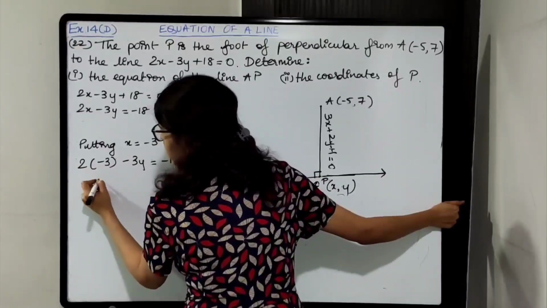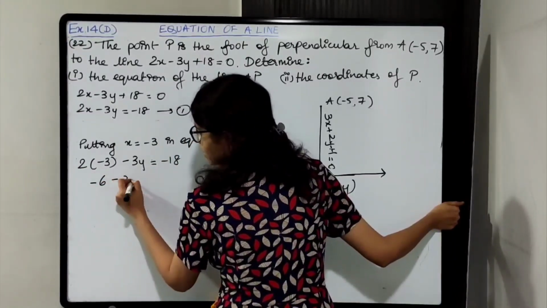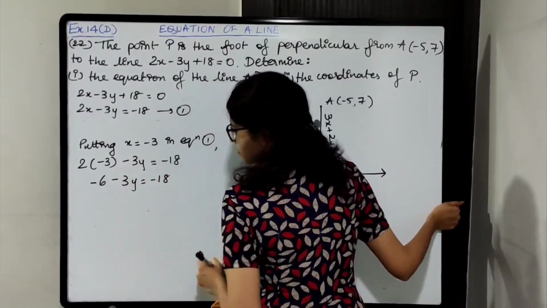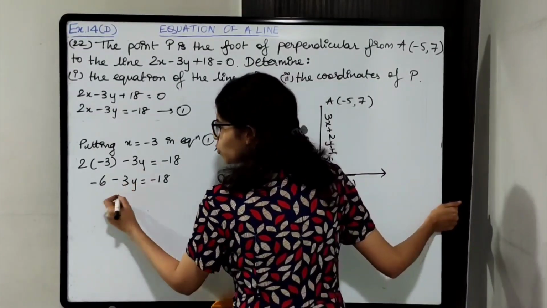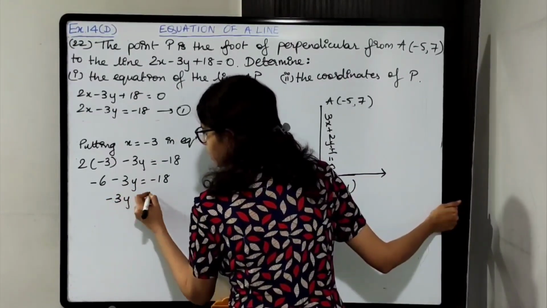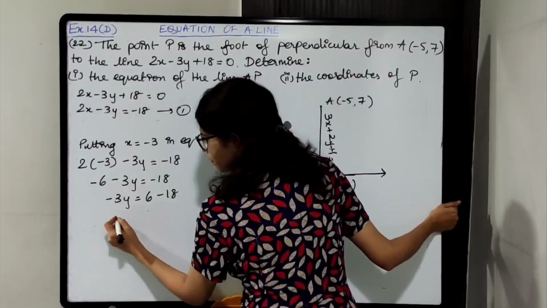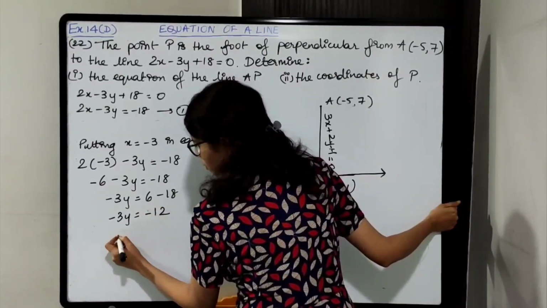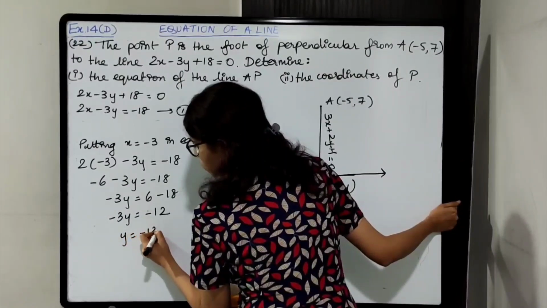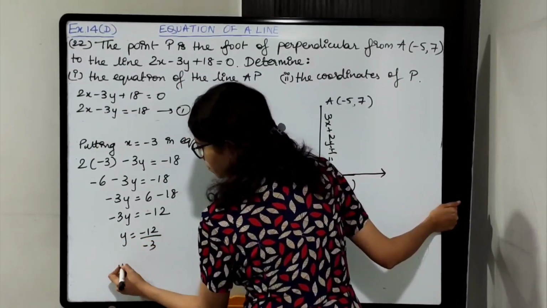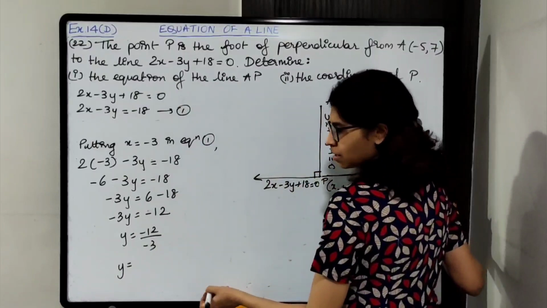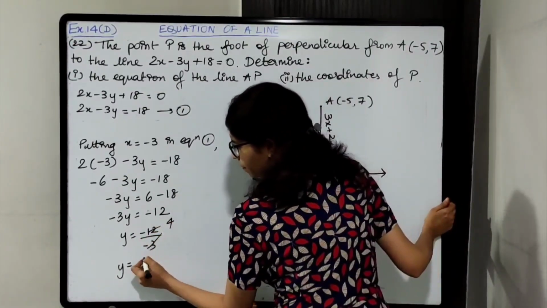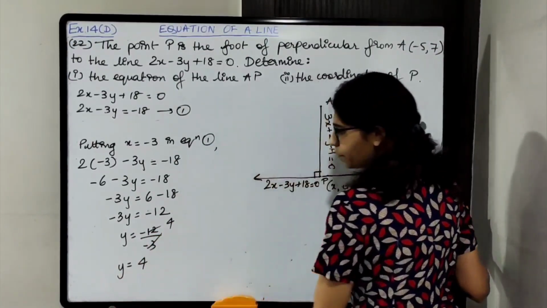So this will give minus 6. Minus 3y equals to minus 18. Shifting 6 over here, 6 minus 18 हो जाएगा. So minus 3y is equal to minus 12. So y is equal to minus 12 upon minus 3. Minus into minus plus, 3 4s are 12. So y 4 है.